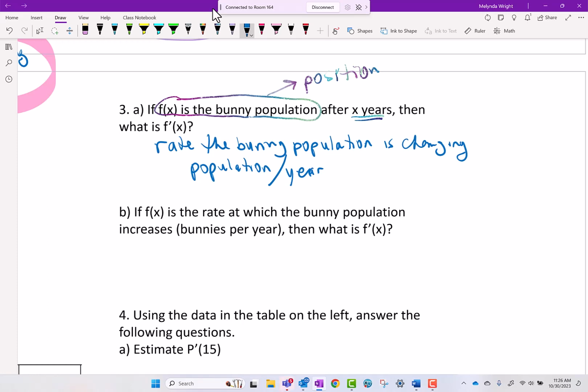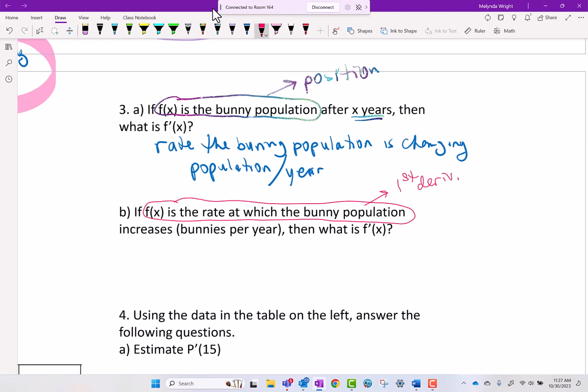Okay, the next one, now we're changing gears here: if F is the rate at which the bunny population increases. So F is no longer a position, is it? It's no longer a position. This is going to be like a first derivative.